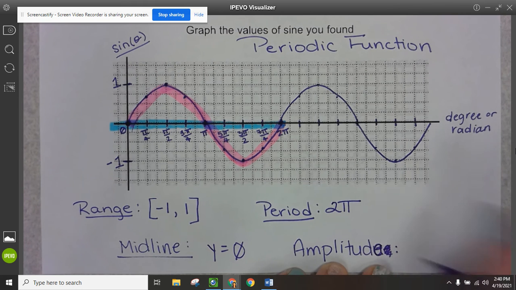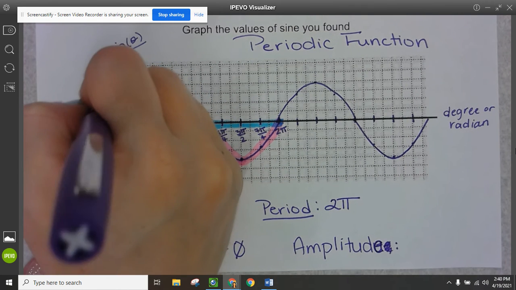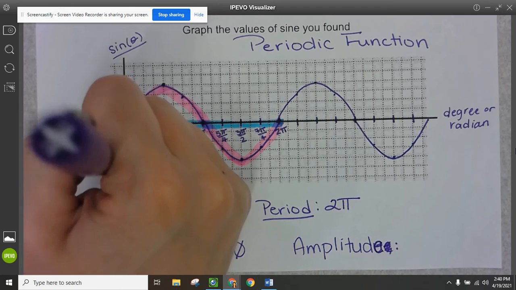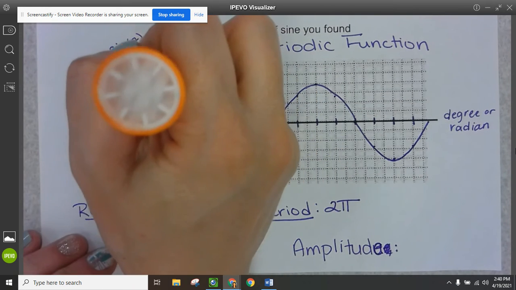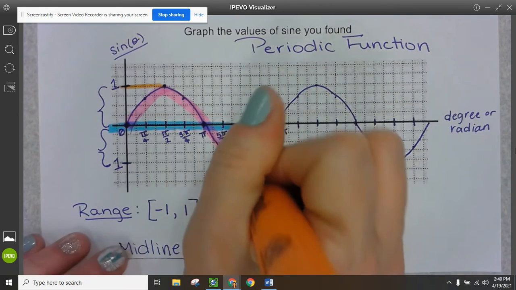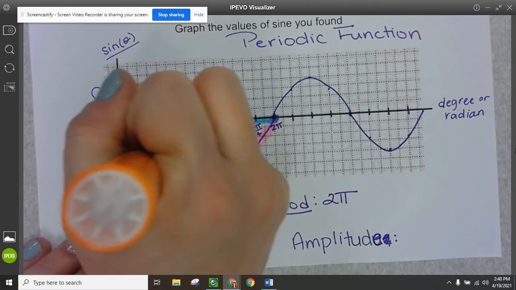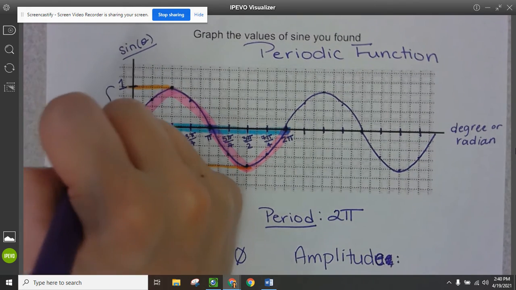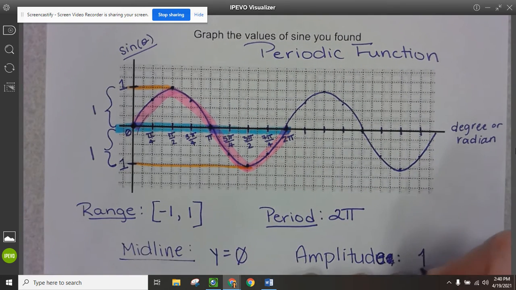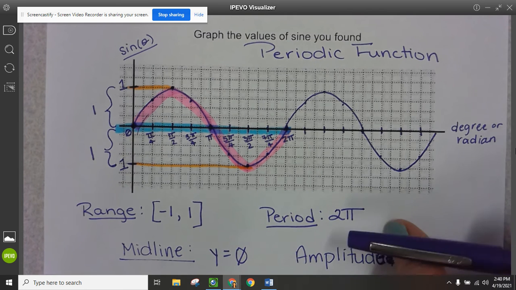I can't spell and talk at the same time. Our amplitude is how high above or how far below we end up going. So if you look at your maximum here or your minimum down here, they should be the same distance away from that center line, and both of those are 1. So our amplitude is 1.